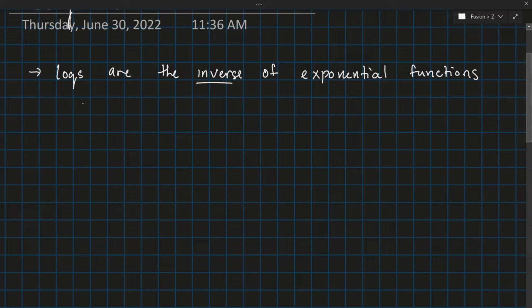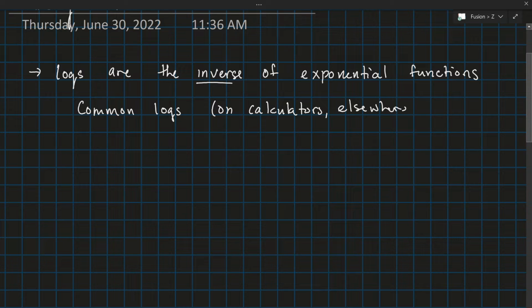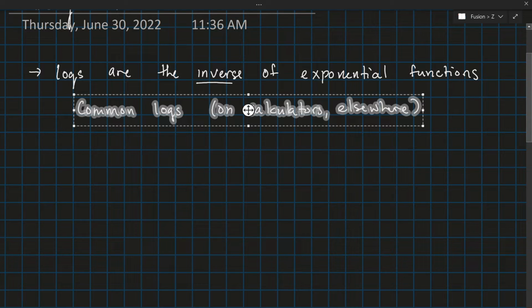And there are some common logs that you'll see, like on calculators. Elsewhere, you'll see these a lot. Actually, hang on. Before we get there, let's back up.